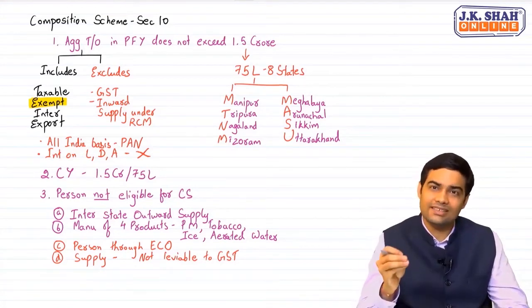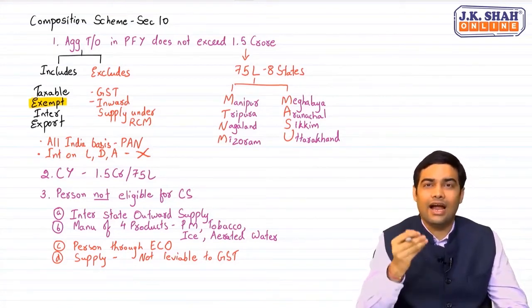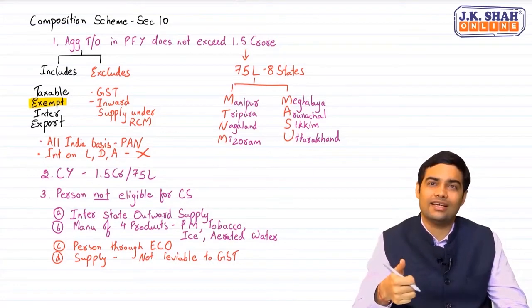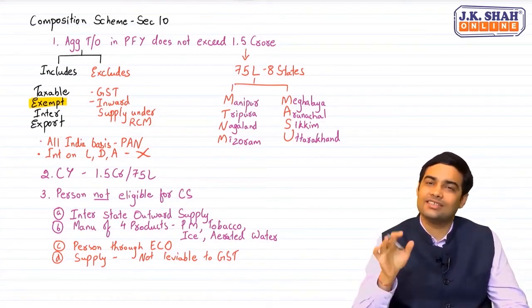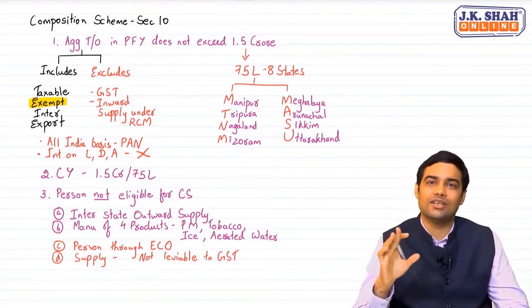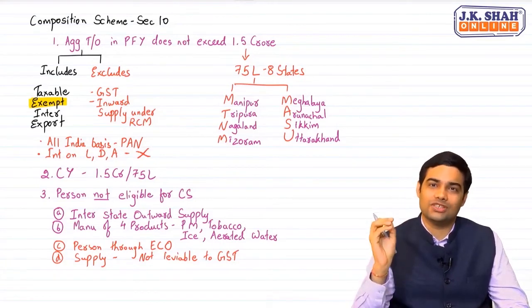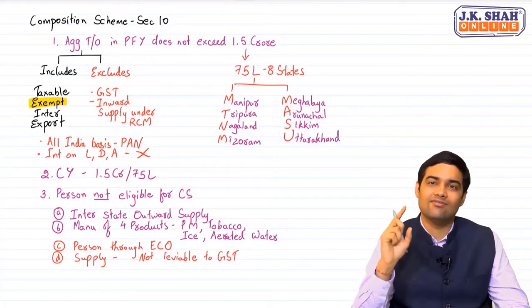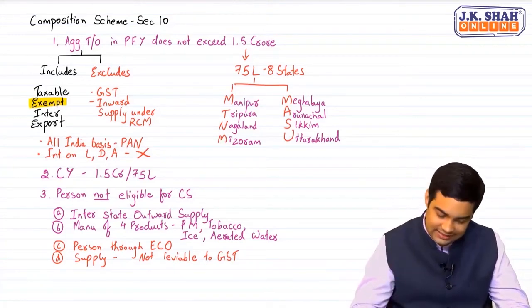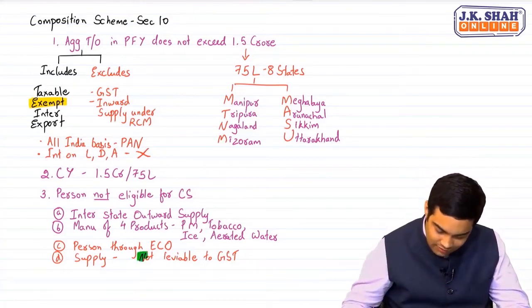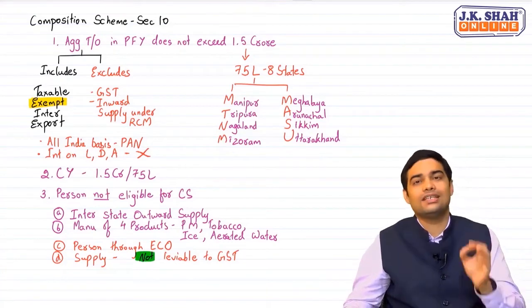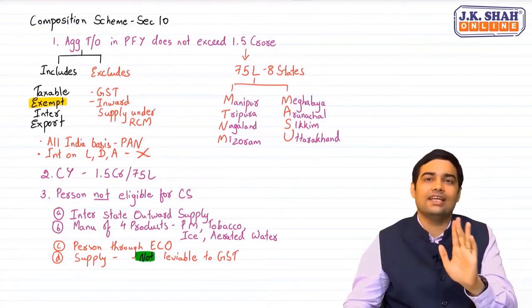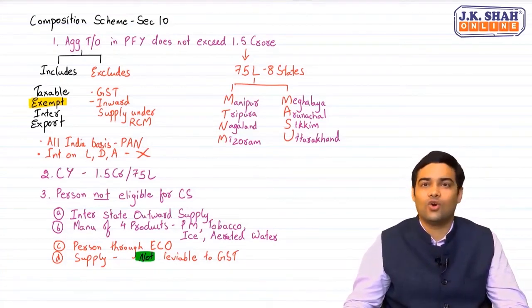So, if a person is selling alcoholic liquor, petroleum products, then he is not eligible for composition scheme because it is a non-taxable supply which is not leviable to GST. Something which is not leviable to GST, if a person is supplying those, then he is not eligible for composition scheme.